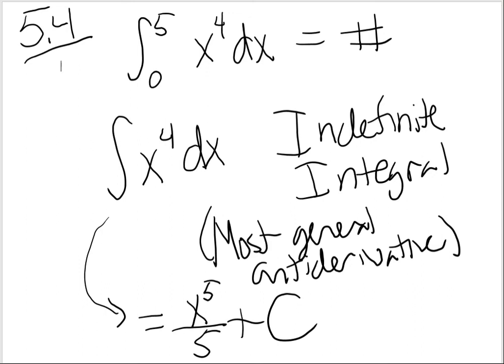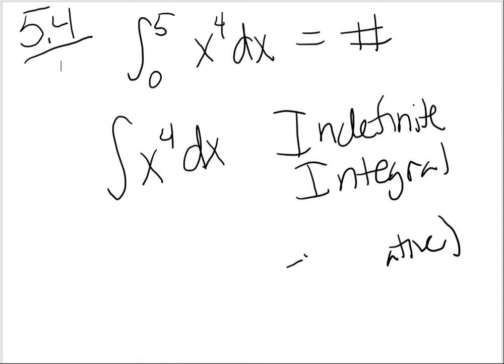And that's it. That's all I'm asking. It looks like an integral, but I just didn't put the bounds of integration. I didn't put the little numbers on our elongated s. It's really just giving some notation to the idea that we had before of most general antiderivative.